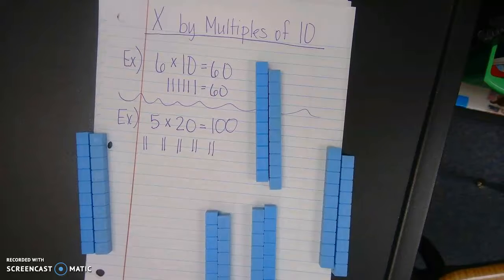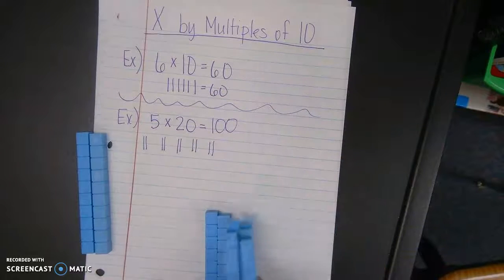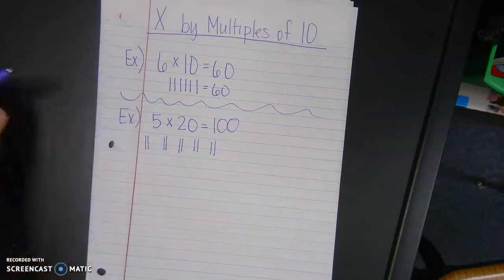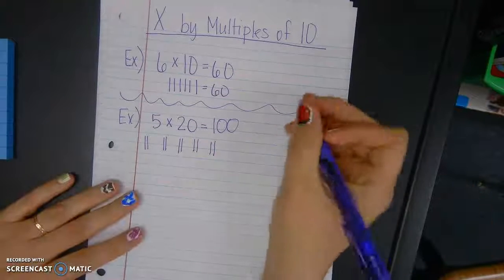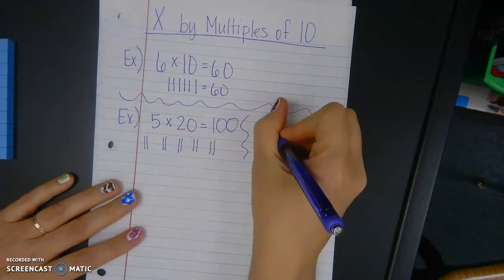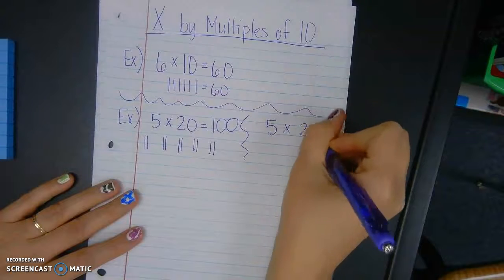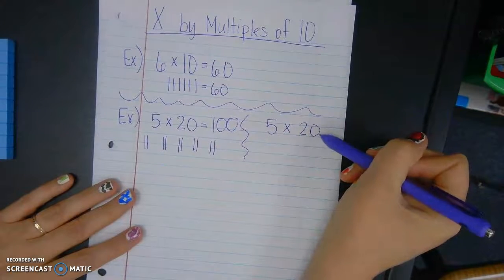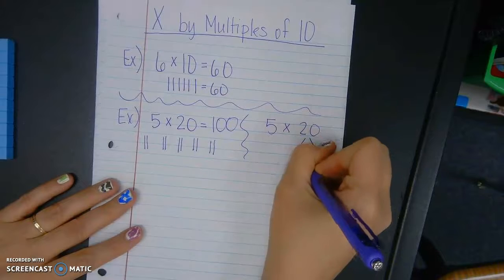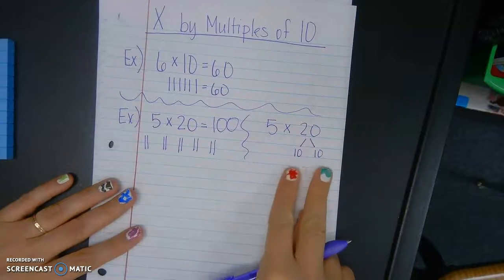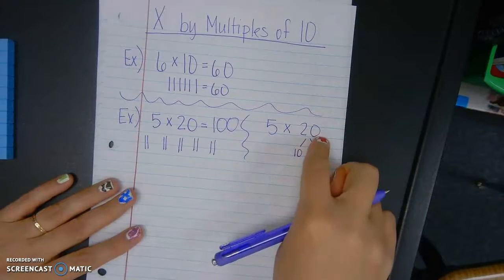All right, so let's talk about how I can use the distributive property to make this easier. So this is a different way to work it. Let's say I don't want to multiply by 20 because that's too hard. I could break this up into 10 and 10 because 10 plus 10 still equals 20.